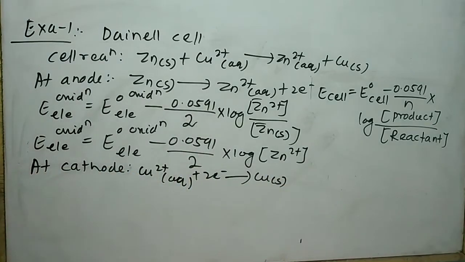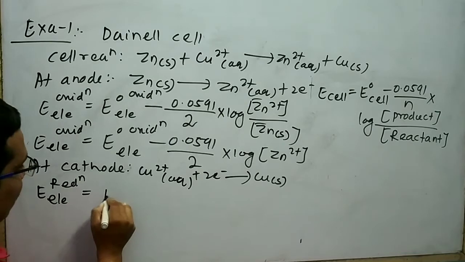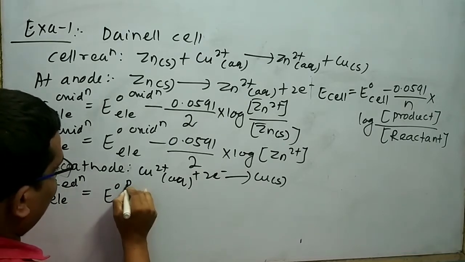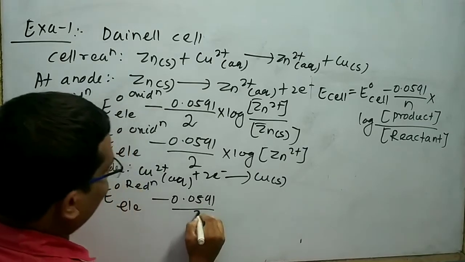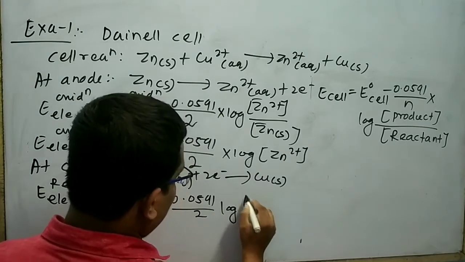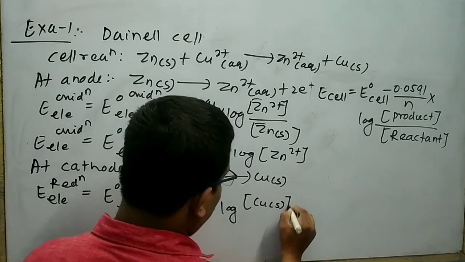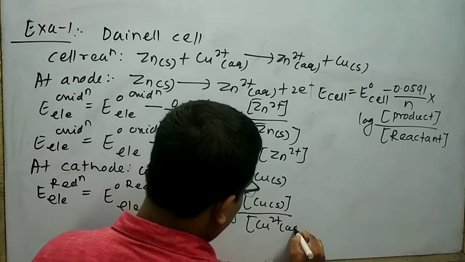For this reaction I can write the Nernst equation, that is E electrode reduction is equal to E0 electrode reduction minus 0.0591 divided by 2 into log of concentration of Cu solid divided by concentration of Cu2 plus aqueous.